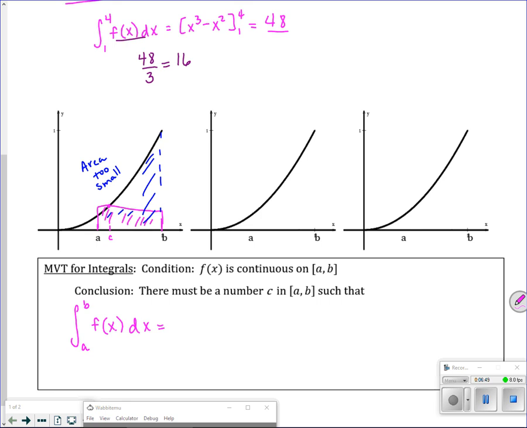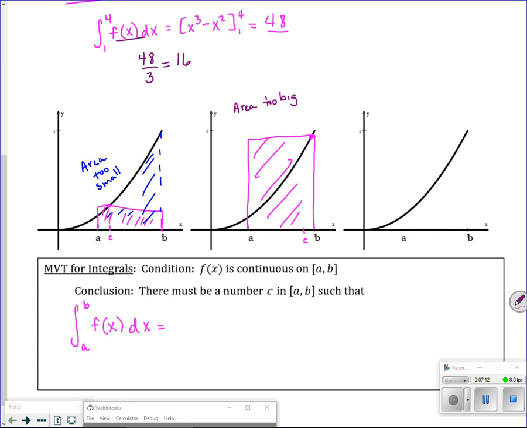I'm going to pick a value of C way over here, so that my rectangle is this one. She found the area of this guy and compared it to the actual area, and of course this one was a wee bit too big.